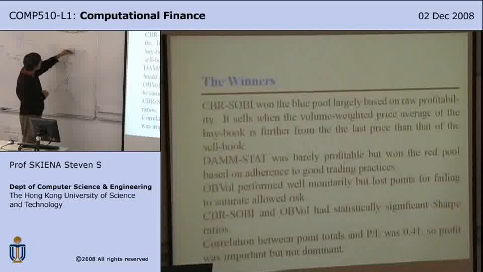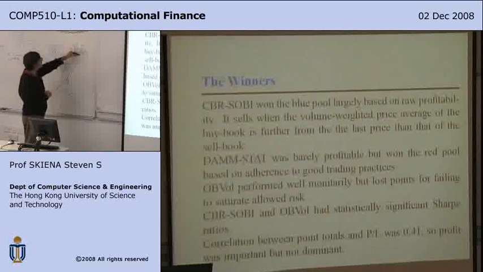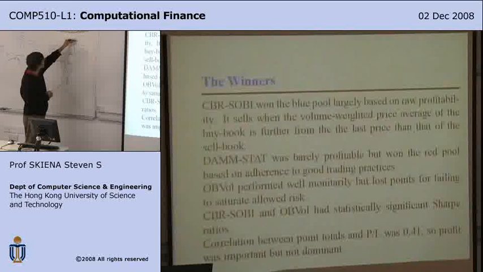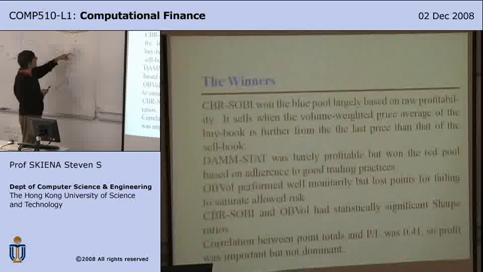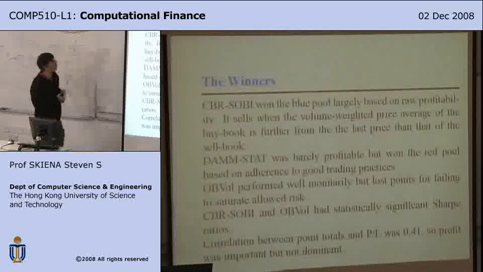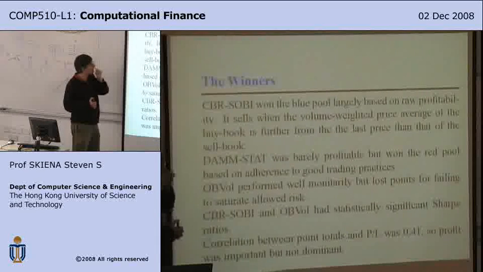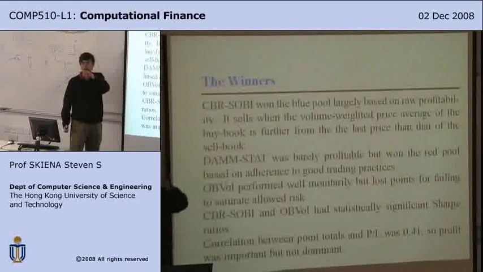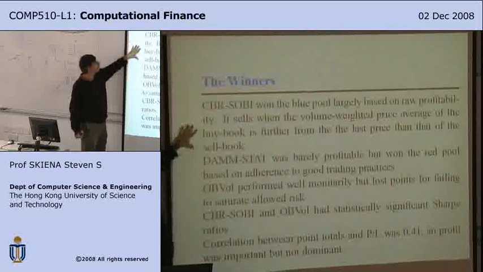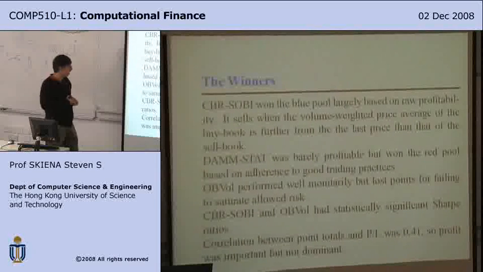I compute the weighted average on one side, I compute the weighted average on the other side, I see what the last price is. I use this to suggest whether there is going to be an upward or downward trend, and I aimed based on that. Any questions about that?